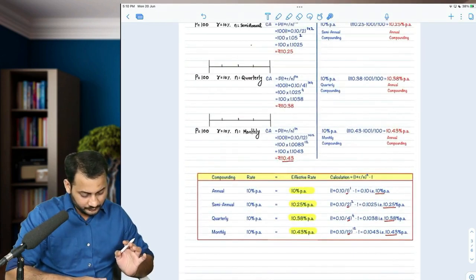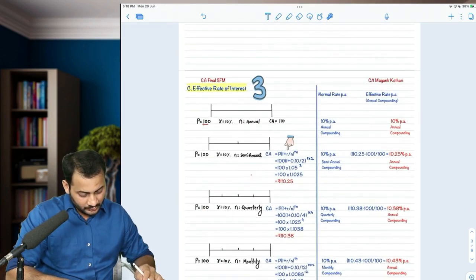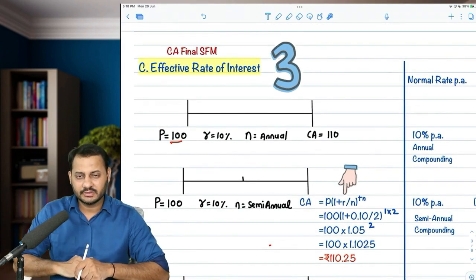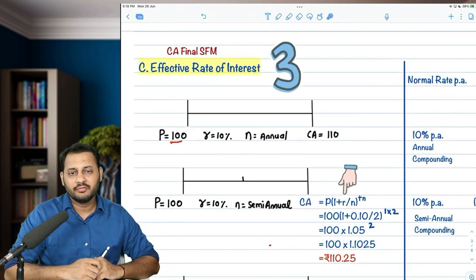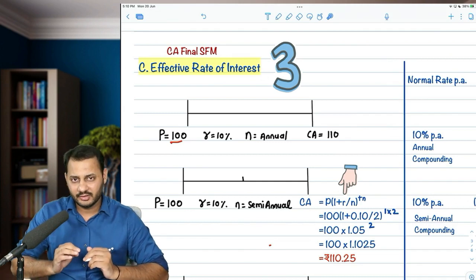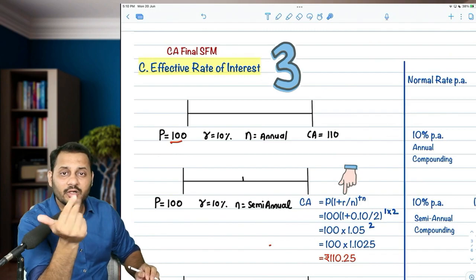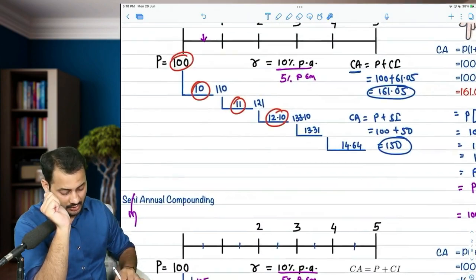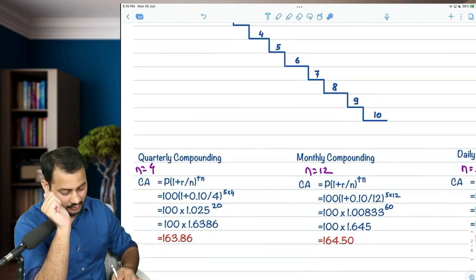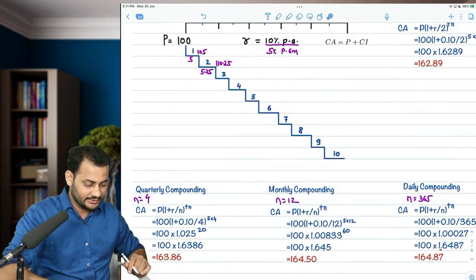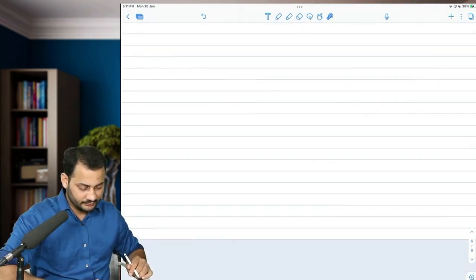Now, my question to you: what is the effective rate of interest? Effective rate of interest is a simple rate of interest which shows you effectively how much you are earning. Now, let's take another example altogether.